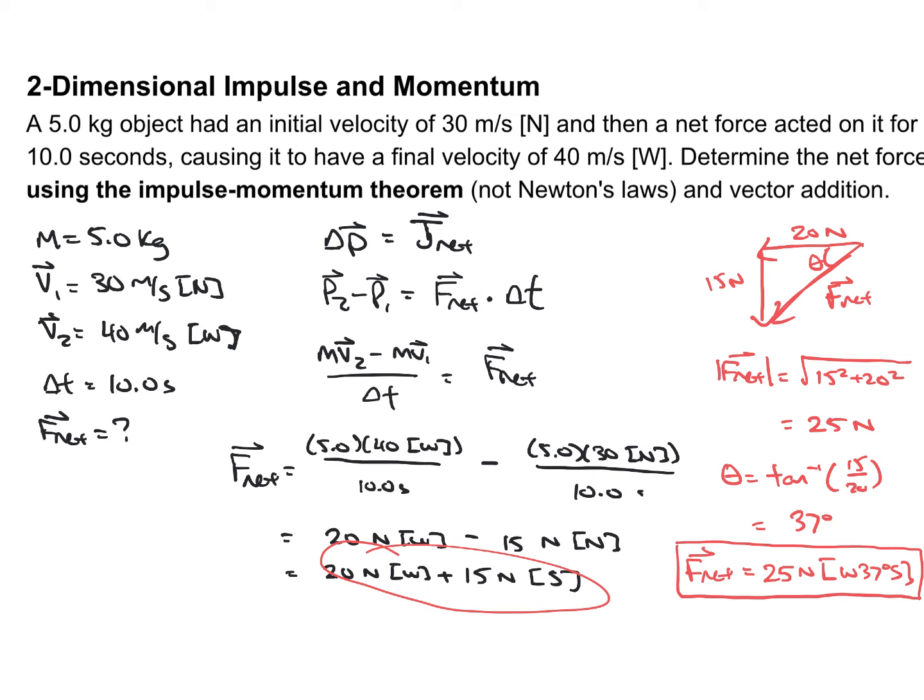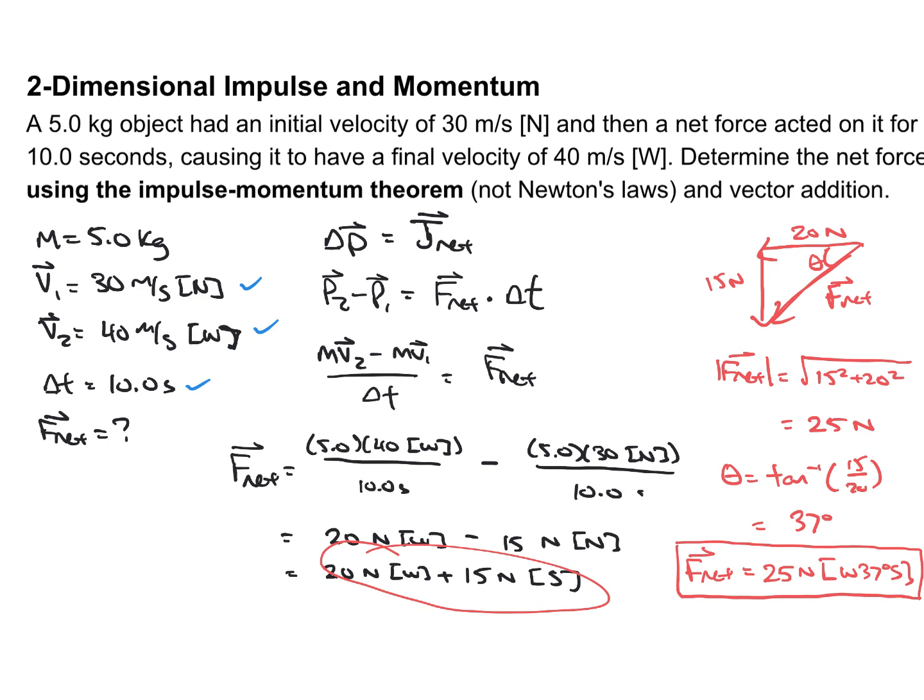Could have used dynamics, we would end up with the same thing. With dynamics, I would use my V1, I would use my V2, I'd use my time. I'd find the acceleration. And after I know the acceleration, I can do F net equals ma.